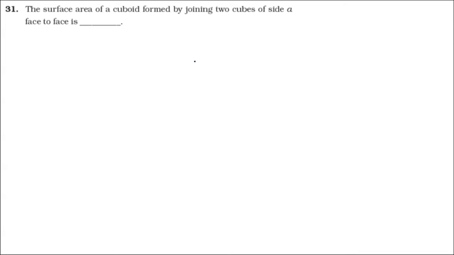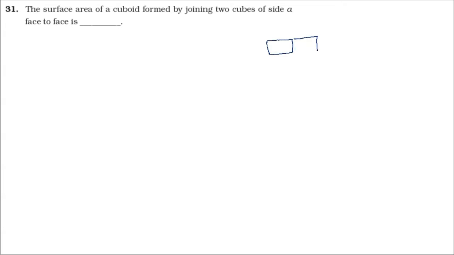31st, the surface area of a cuboid formed by joining two cubes of side A face to face is, let's try to understand this. We have got two cubes of side A units. So it's something like this. This is one of the cube.